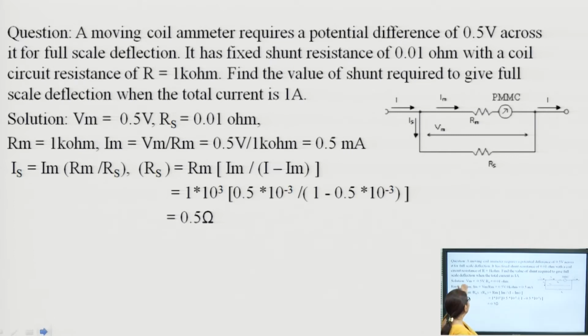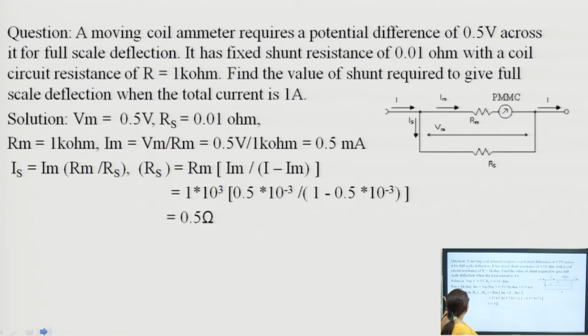So, again we know Vm is 0.5 volt, and since both the resistances are parallel to each other, the same voltage drop will appear across both the resistances. So, we can find out the value of Im because Vm is given, Rm is given. So, it is 0.5 volt by 1 kilo ohm, and it is 0.5 milliampere.